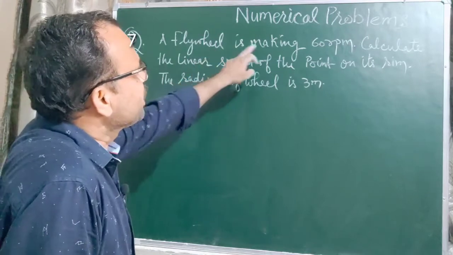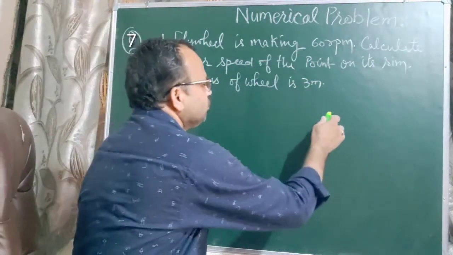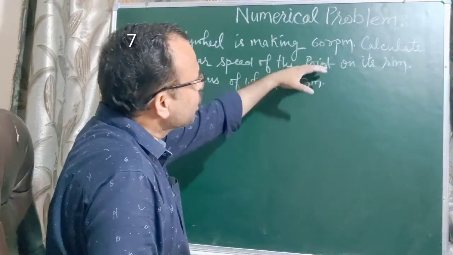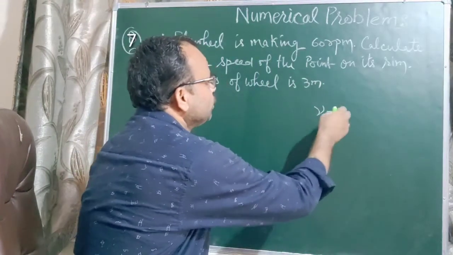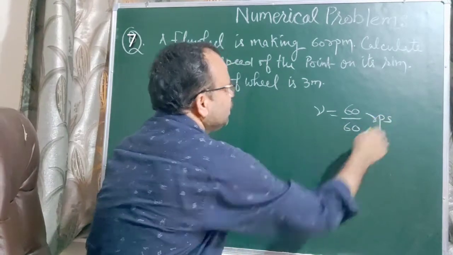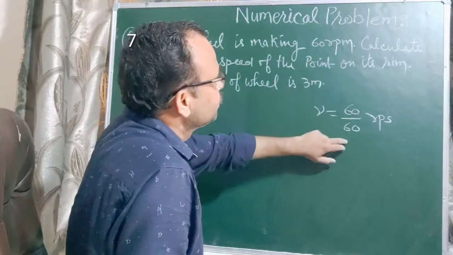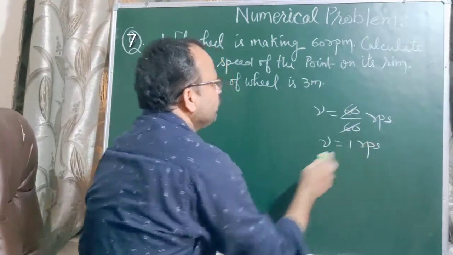Now look at one more problem. A flywheel is making 60 rpm. 60 rpm is 60 revolutions per minute. But we know that the number of revolutions completed in 1 second is known as frequency, means ν equals 60 upon 60 rps. So we have to convert rpm into rps by dividing by 60. So 60 upon 60 is equal to 1 rps. Now it will be the frequency.